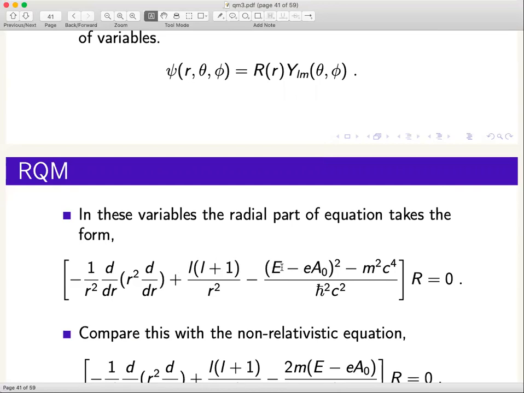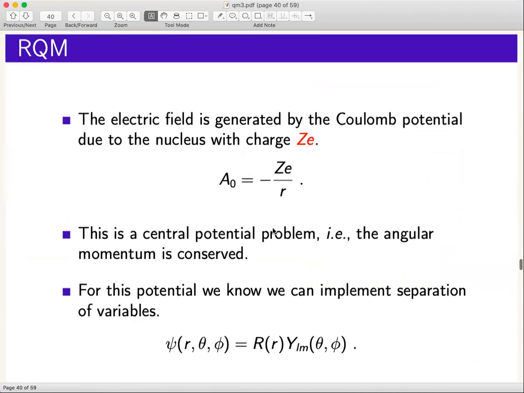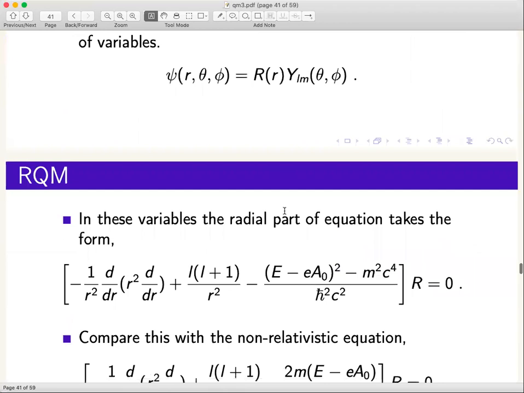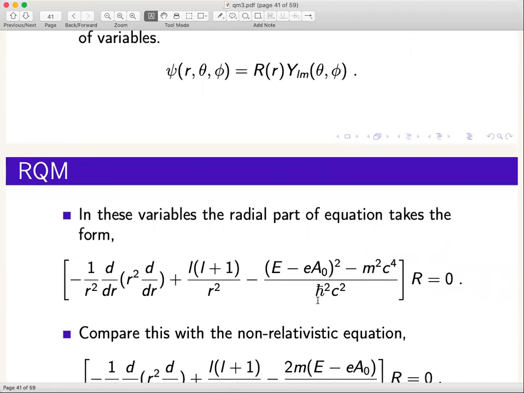E is, because we are looking at stationary states, i h bar del t would just give you E. And A naught is what we are going to substitute as minus Z e upon r. I have not done that here yet, but that is the substitution that we are going to do. So this is our equation.